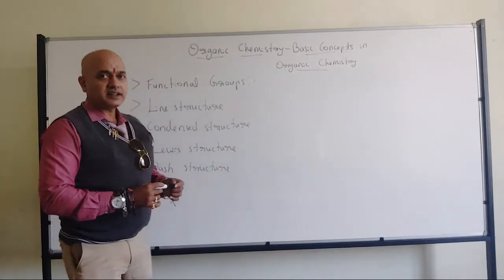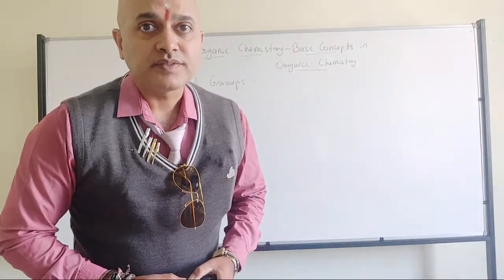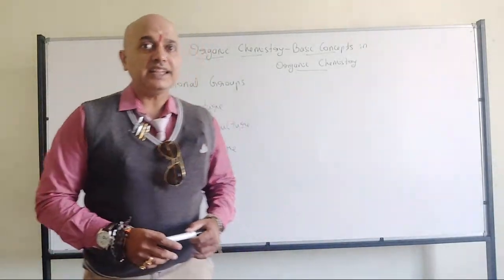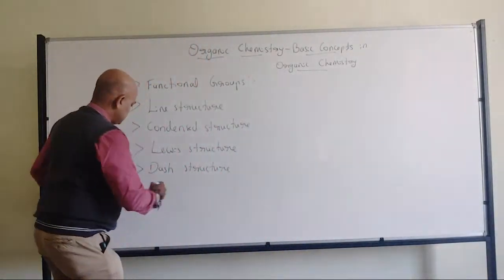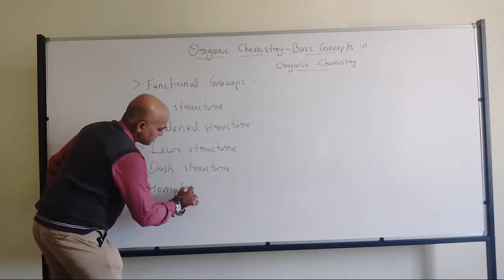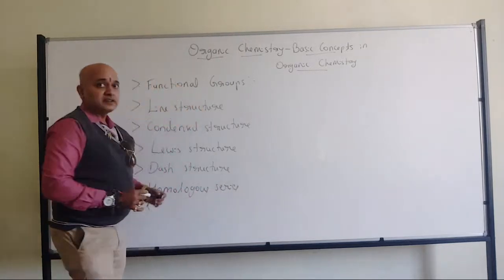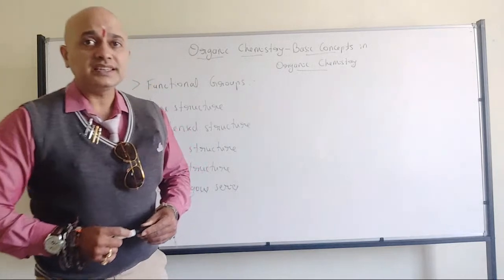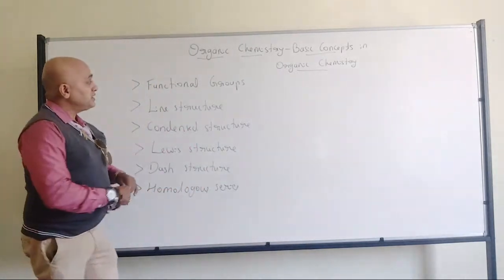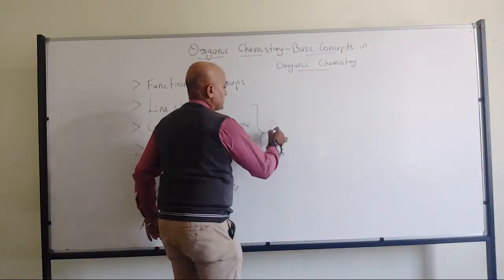Any other concept which we have discussed in the last class? That one word I want, that is homologous series. So what I mean to tell you is, if you see the table or the chart, we have discussed different ways of writing a given organic compound.